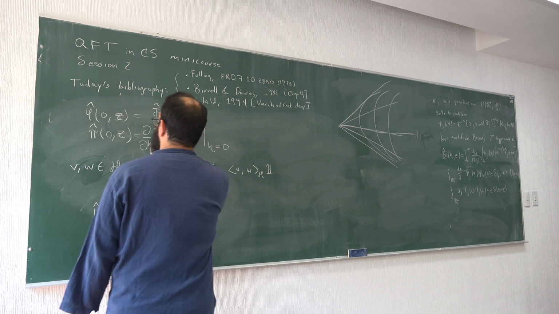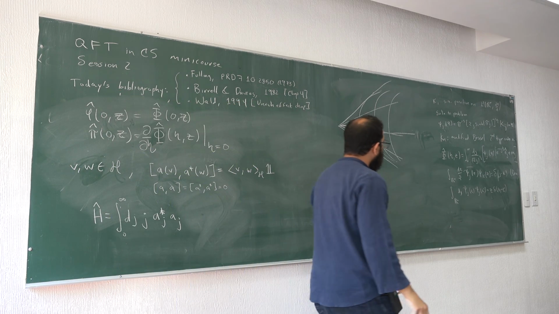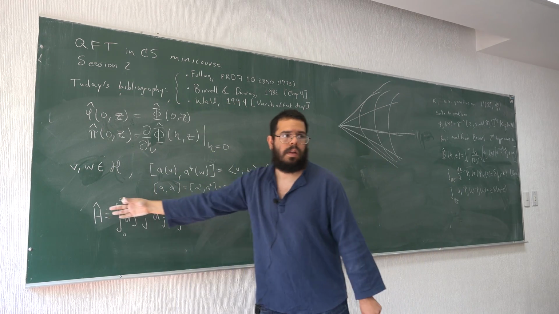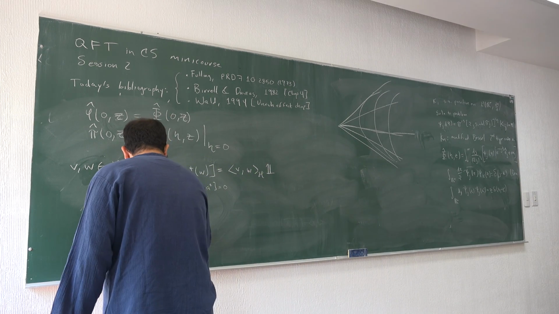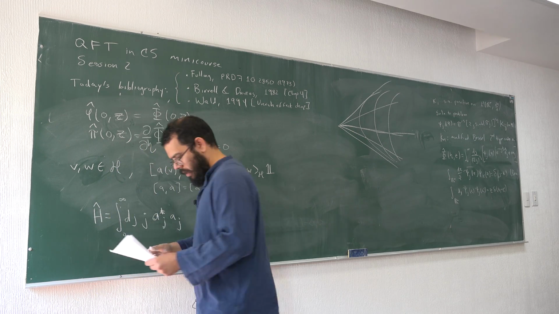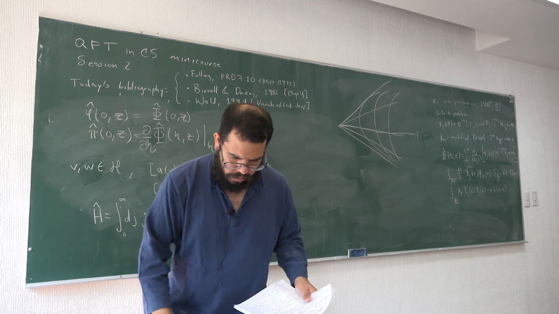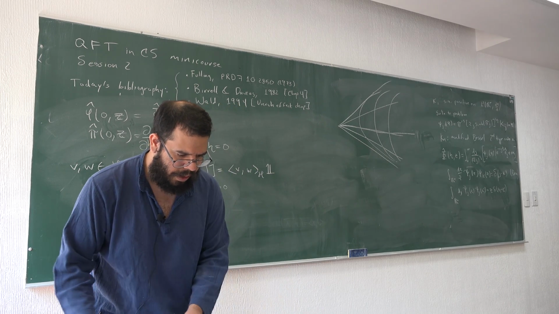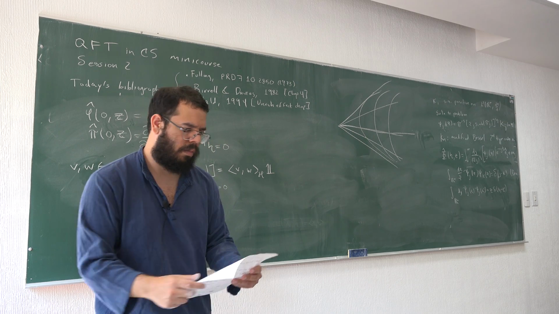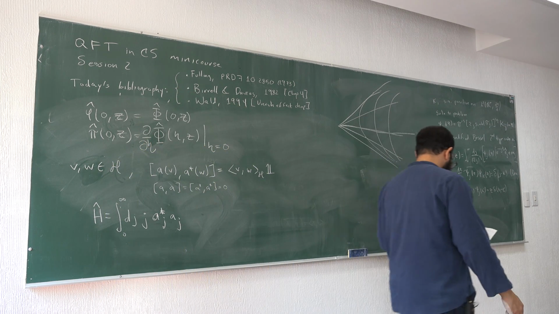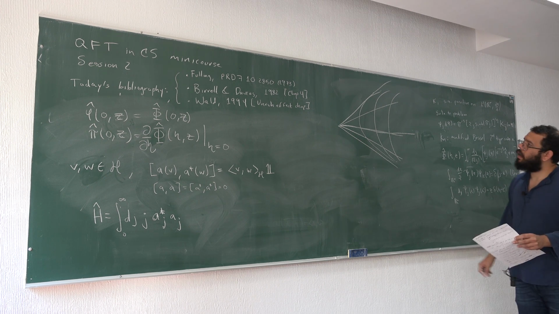And our field operators evolve with the Hamiltonian defined in this way. I'm happy that I've managed to go quite quickly, but this is something that we have done before.